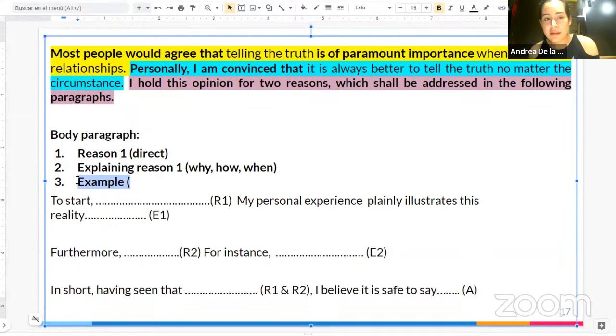And another way that you can do this is just give a fact and be like, in fact, I read a study that says that, I don't know, people who tell the truth are more likely to be happy. So you can make it up if you want. Okay, you have different options for examples, for details.